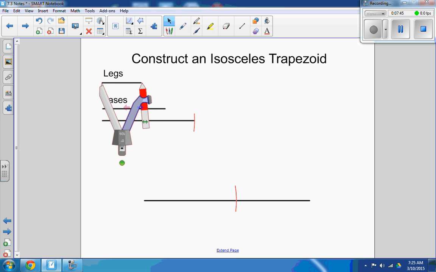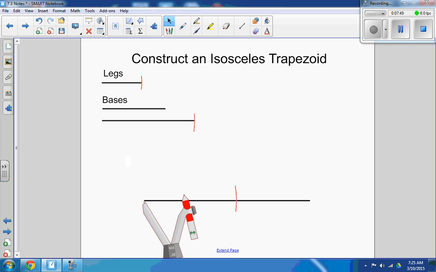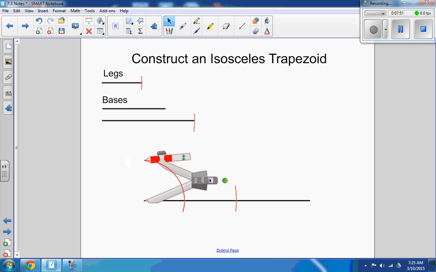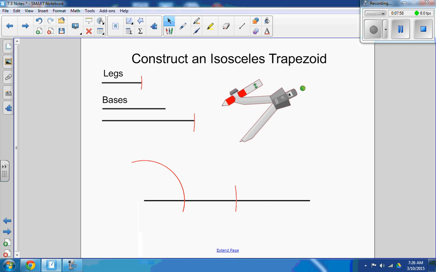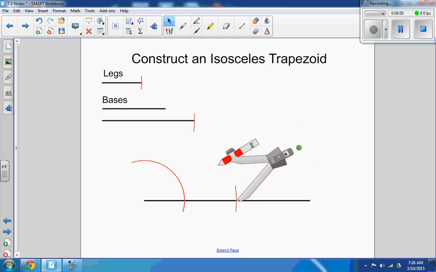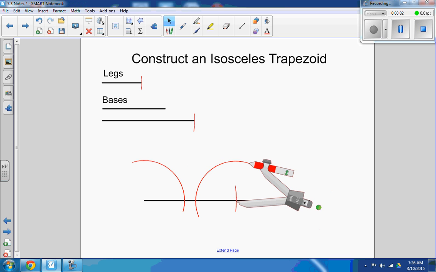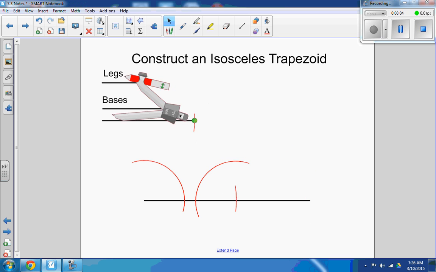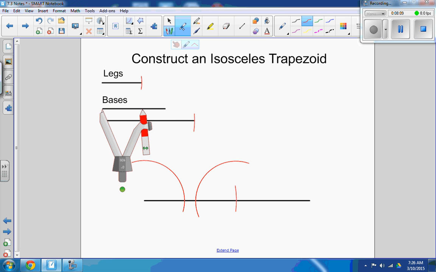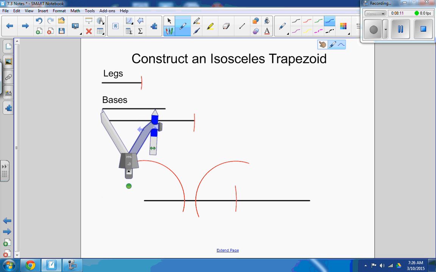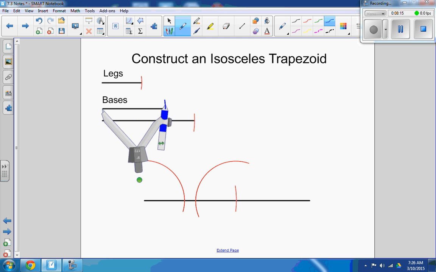Since I'm constructing an isosceles trapezoid, the legs are going to be congruent. So I'm going to make a big arc, and I'm going to do the same thing on the other side. Now I'm going to set my compass equal to the length of my other leg. There we go.